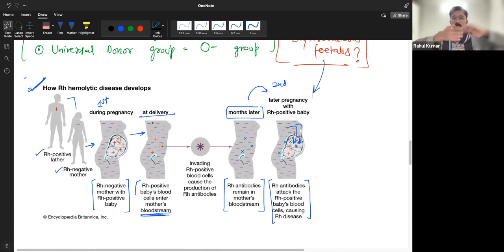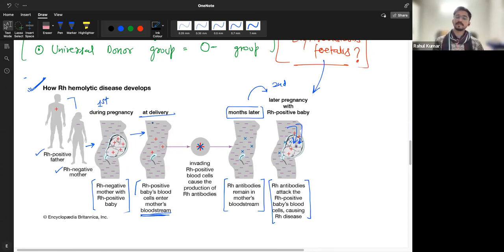And it does rupture because all of it has to shed out so the uterus can prepare for the next pregnancy after a few months. So during childbirth, if it ruptures, some of the baby's blood can get mixed with the mother's blood, right? We have to kill that blood in the mother's body, not the baby.